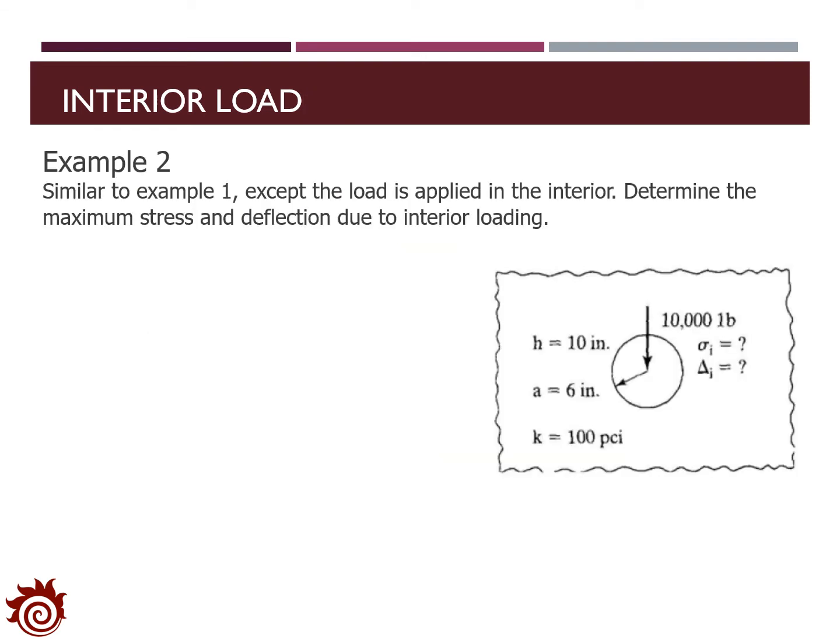Now let's check one example for the estimation of the stress and deflection caused by the interior load. Here we will use the same example as the first one, except the load is applied in the interior.